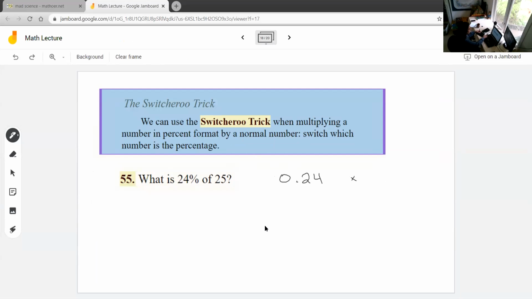But I can switcheroo it and say, what is 24 times 25%? Put the percent on the other number, and then say, 25% of something is just a quarter of it. That's just divided by 4. And my friends think I'm good at math because I know a trick.